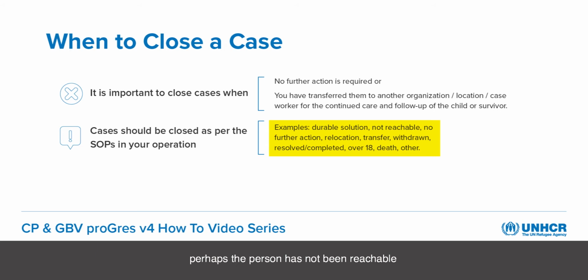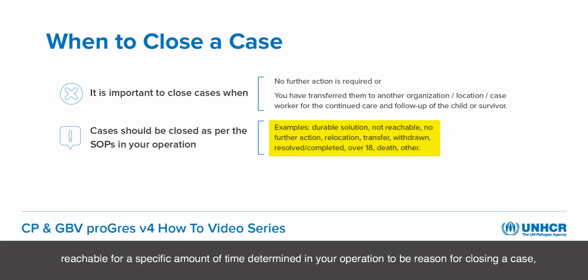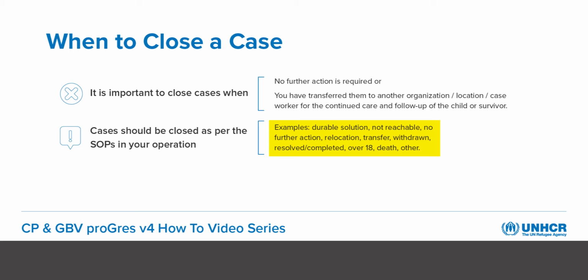Perhaps the person has not been reachable for a specific amount of time determined in your operation to be reason for closing a case. Relocation, transfer, withdrawn, it's resolved or completed, or in the case of a child, them aging out, or death, or any other reason that is outlined in your SOPs.